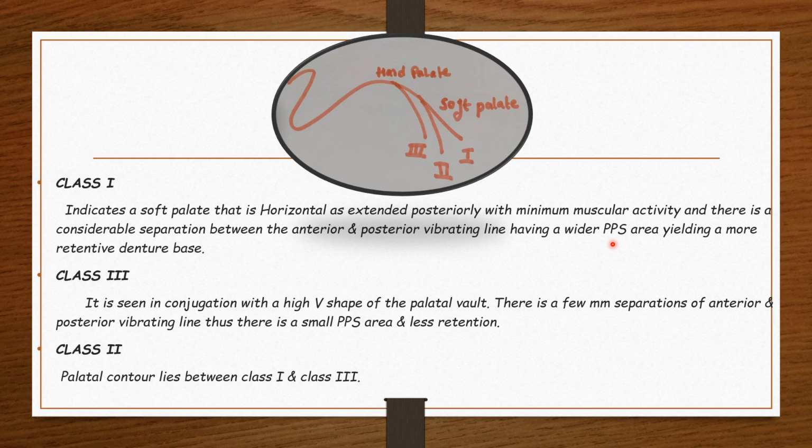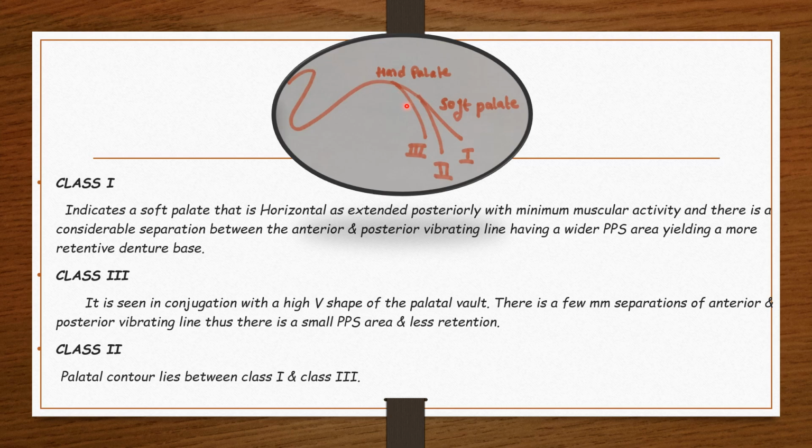It's more favorable. Now coming to class 3. It is seen in conjunction with a high V-shaped palate, that is a high palate and a V-shaped palate. So here there is an acute angulation between the hard palate and the soft palate.